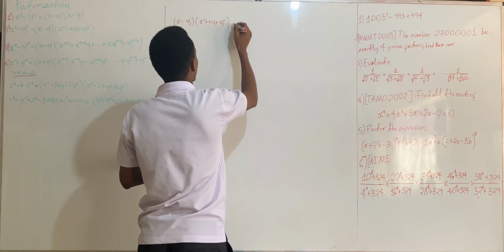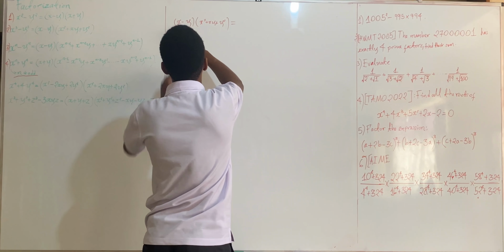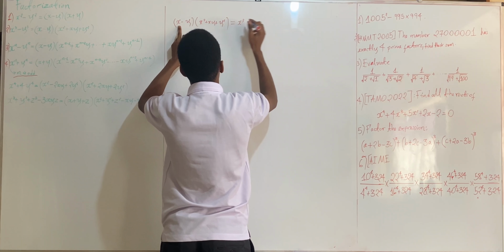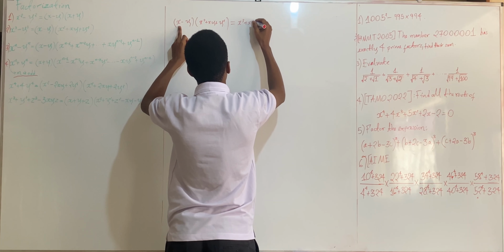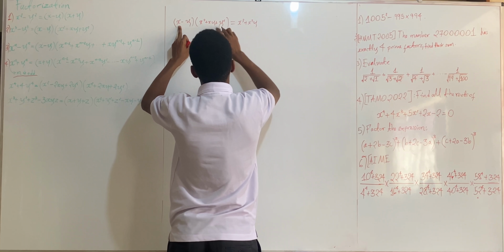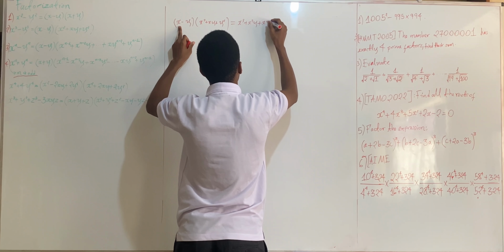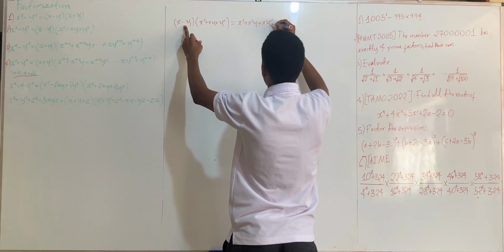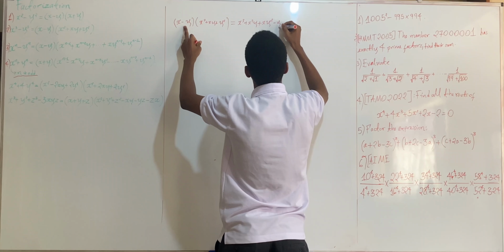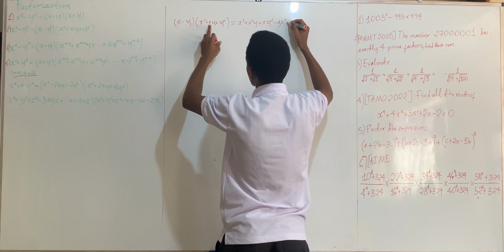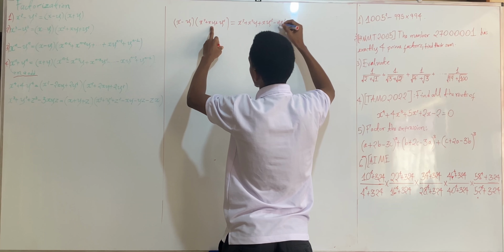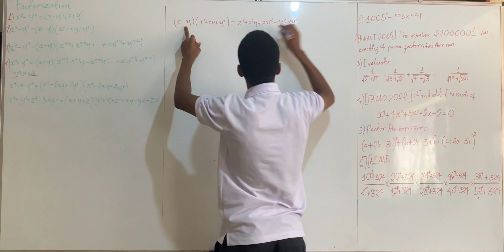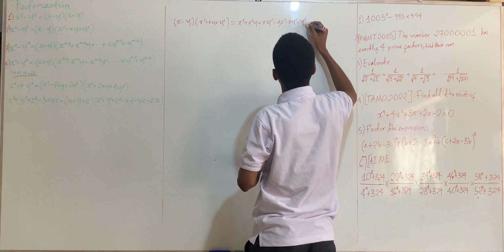When you expand this product, x times x squared, you get x cubed; x times xy, we get x squared y; x times y squared, we get xy squared. And for the other part, minus y times x squared is minus yx squared, minus y times xy is minus xy squared, and minus y times y squared is minus y cubed.